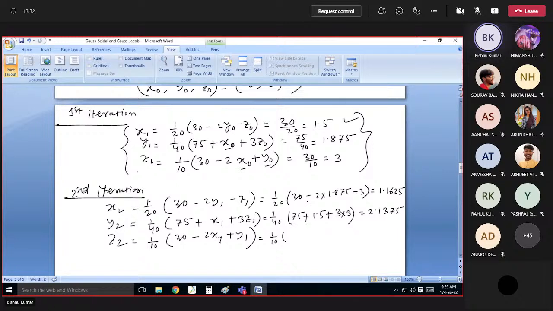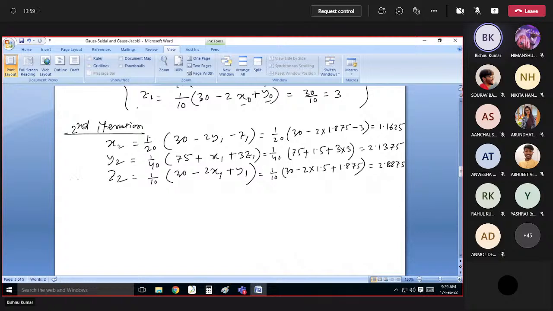So 30 minus 2x1: 2 into x1 means 3, which you have already calculated, plus y1 means 1.875. Sir, it will be 2.8875. Very good. Don't do wrong calculations. Do these calculations nicely and you will get a matching result quickly.